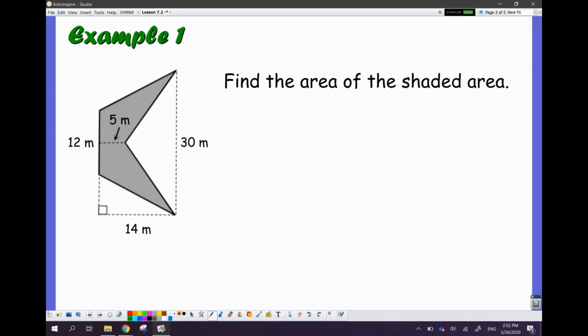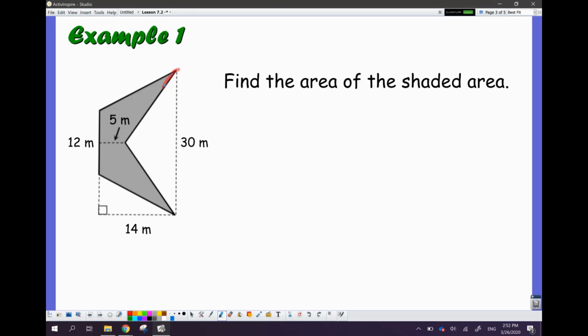Now, the shaded area is only this piece, and it's already shaded in gray, so I'm not going to mark it anymore. But we haven't seen any shape like this, and there is no formula for a shape like this. What I do notice, and I'm going to outline those with my highlighter, is that I have several shapes here.